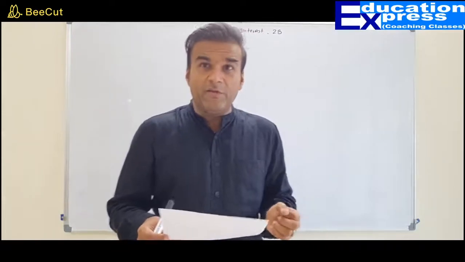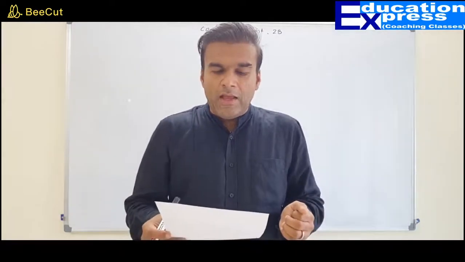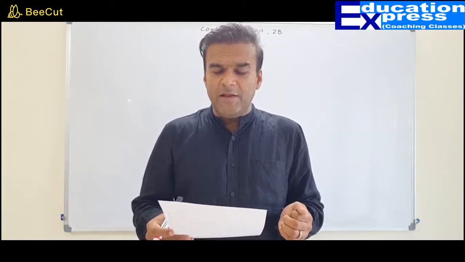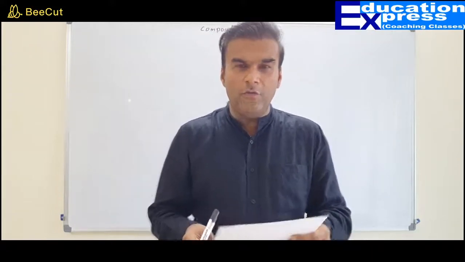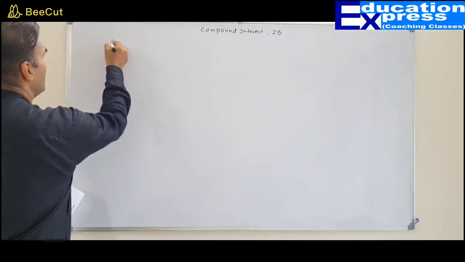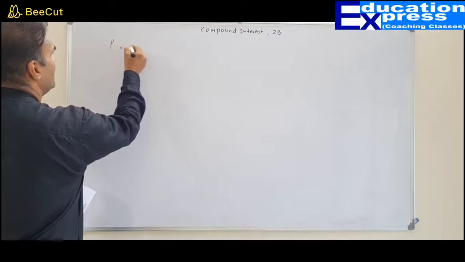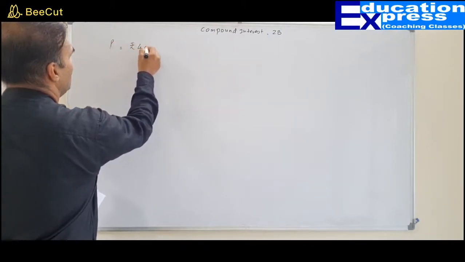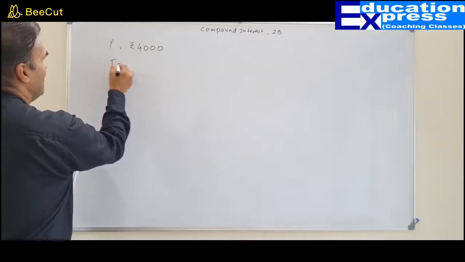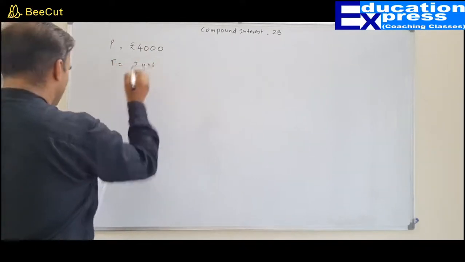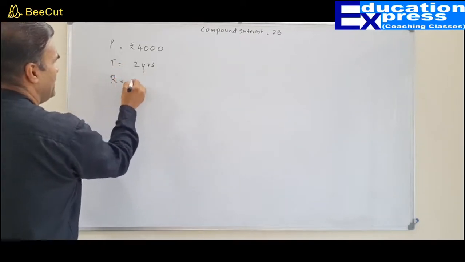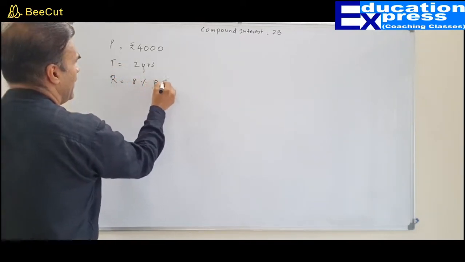Let us start. The first question is, calculate the difference between the simple interest and the compound interest on rupees 4,000. So can I say principal is rupees 4,000 for a period of 2 years at 8% per annum.